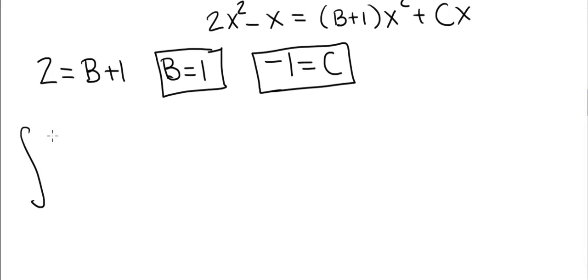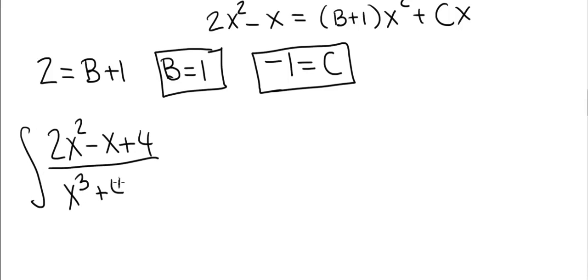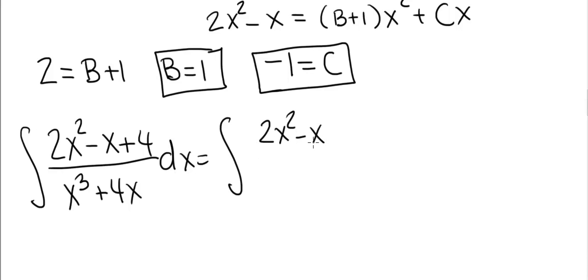Then our integral, 2x squared minus x plus 4 divided by x cubed plus 4x, is the same as that of 2x squared minus x plus 4 divided by x times x squared plus 4.